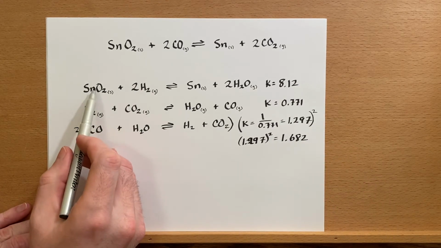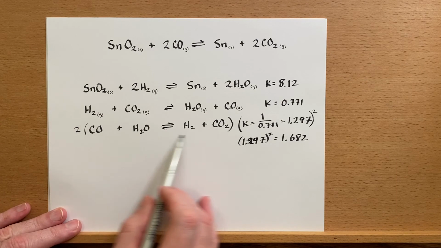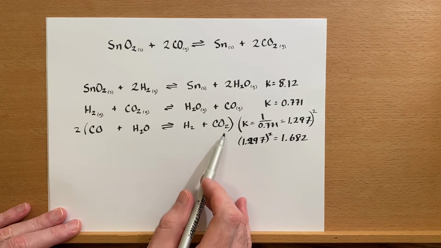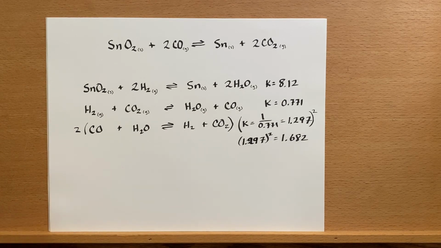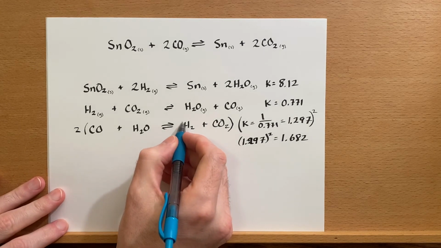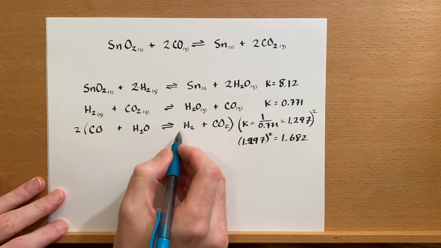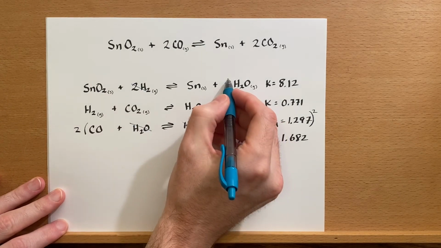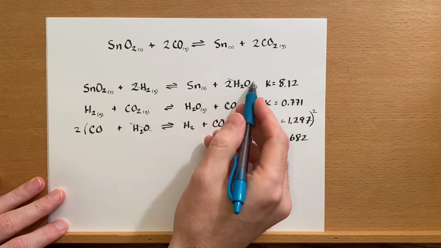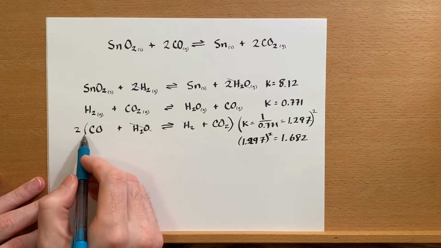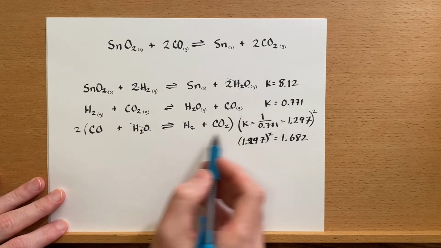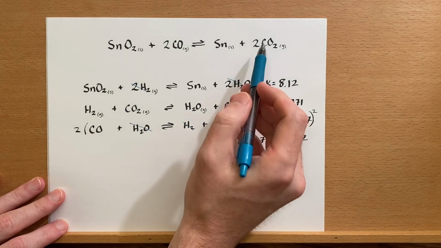Now, if we add this equation to this one, remember it's been multiplied by 2, then our hydrogens will cancel and our waters will cancel because they're on opposite sides of the equation here. And we'll be left with 2 carbon monoxides and 2 carbon dioxides in the right position.